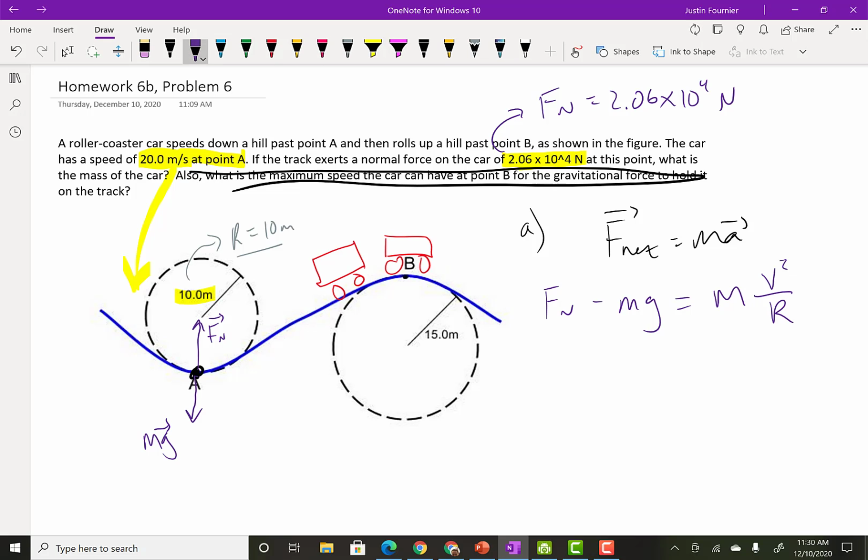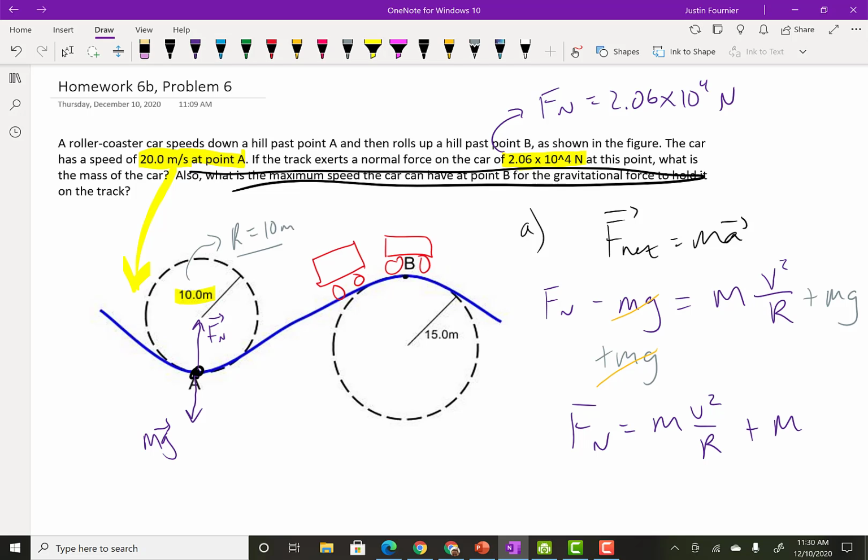Isolating the mass is a little bit tricky. You could start plugging in values, which might be a little easier for you, but I'm just going to do this variably. So I'm going to add mg to both sides, and then mg cancels out on one side. Now the normal force is equal to mv squared over r plus mg.